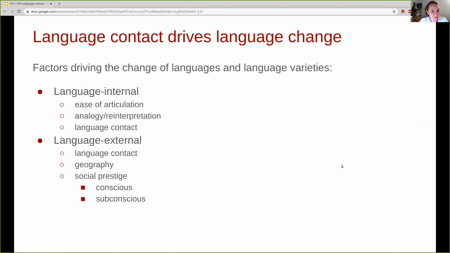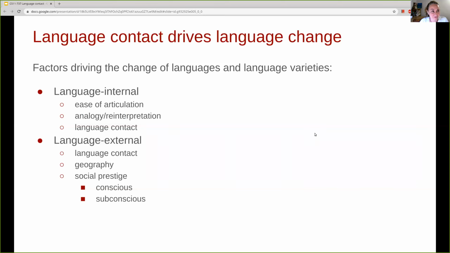Turns out that language contact is one of the primary factors that drive language change. In general, there are two primary types of factors that affect language change. There are language internal factors and language external factors.